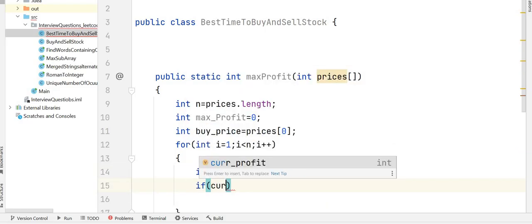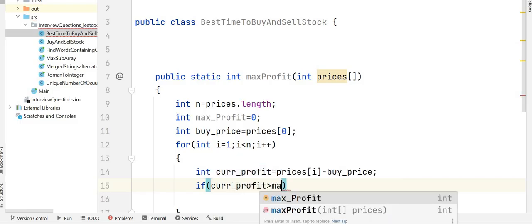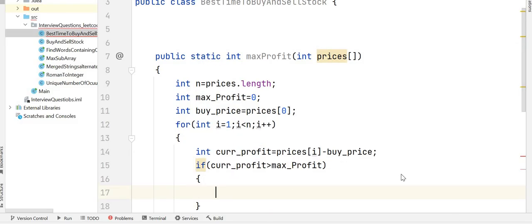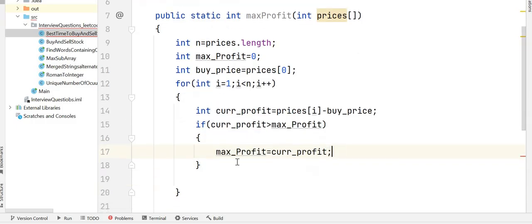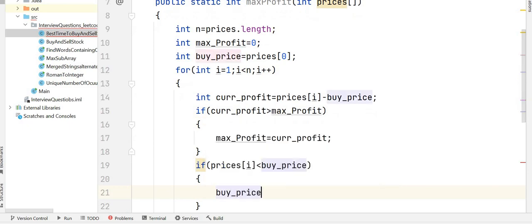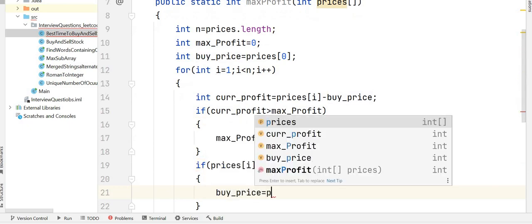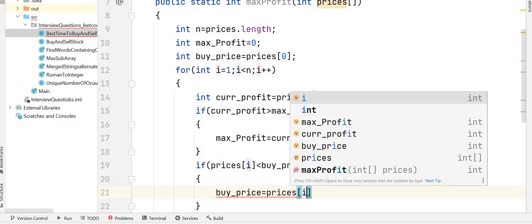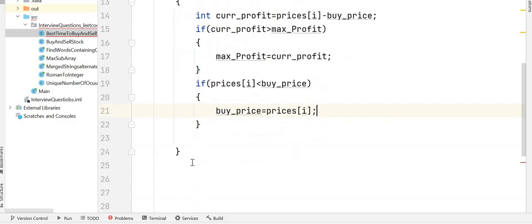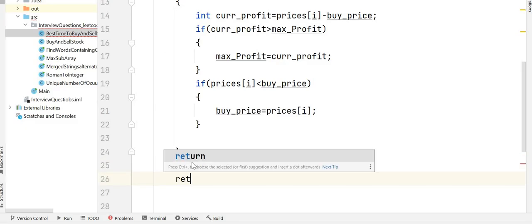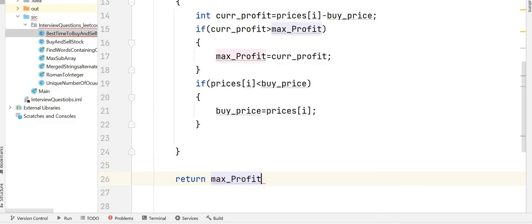And then we are going to check if your current profit is greater than the maximum profit, then update the maximum profit. Correct? And also if price at index i is less than your buy price, then we are going to update the buy price, because we want the buy price as the minimum price and profit as the maximum profit. And at the end we are going to return the maximum profit.